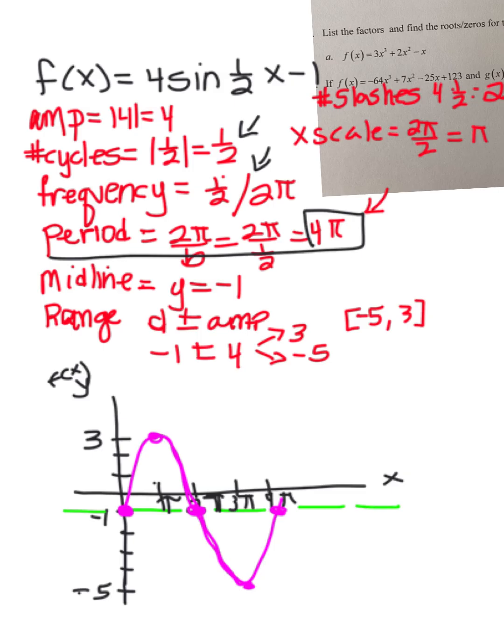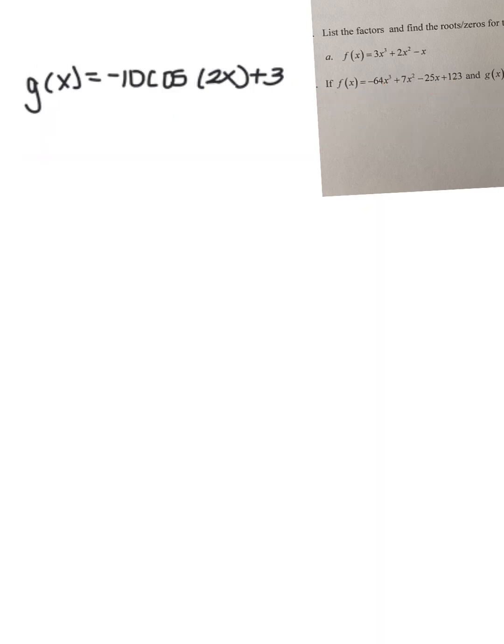All right, let's take a look at 1B. Okay, so 1B is g of x is equal to -10 cosine 2x plus 3. All right, let's start with the amplitude. Is equal to the absolute value of -10, which is 10.